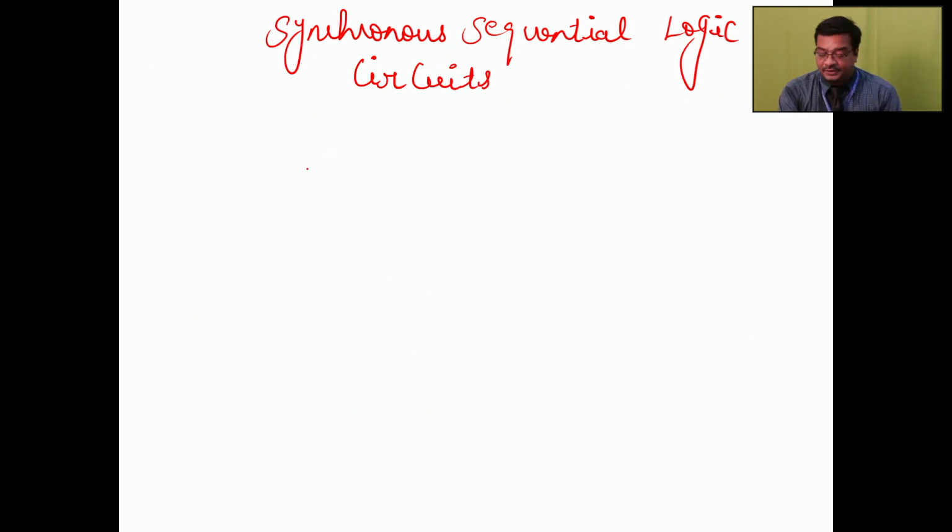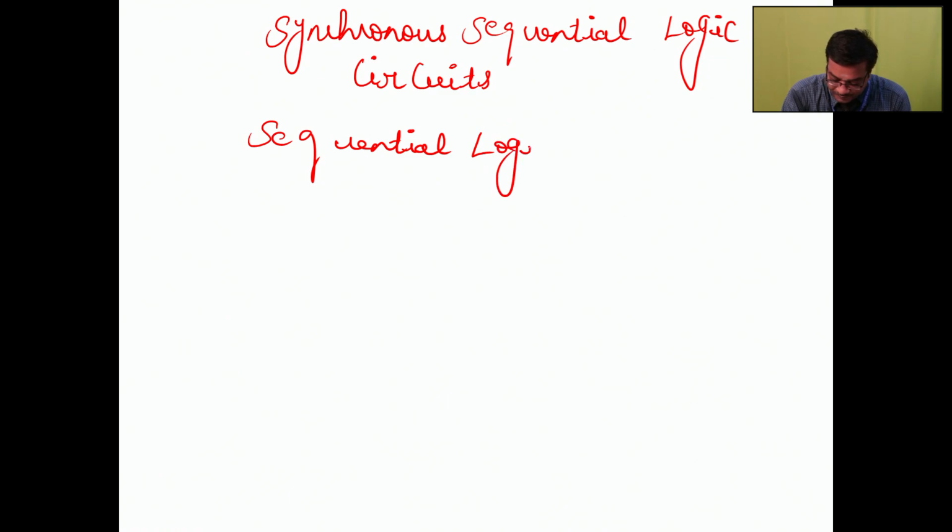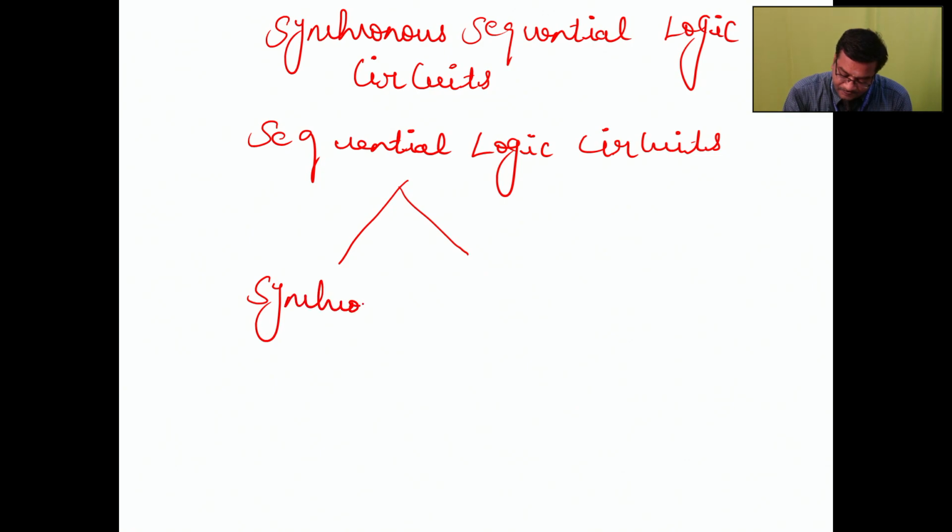While you're coming to sequential logic circuits, there are two types. One is synchronous, another one is asynchronous.